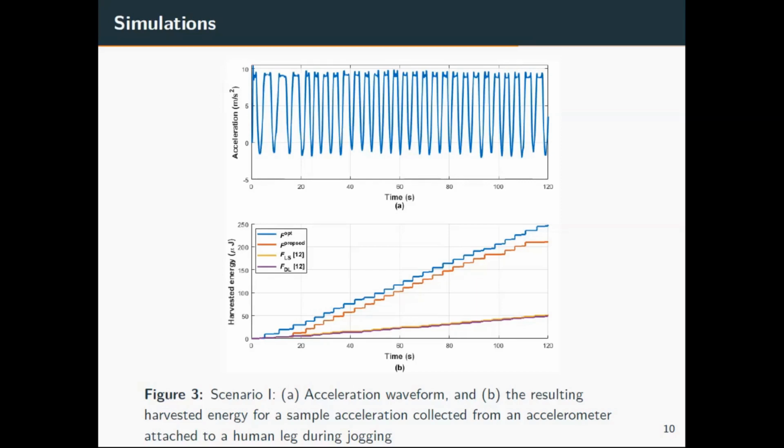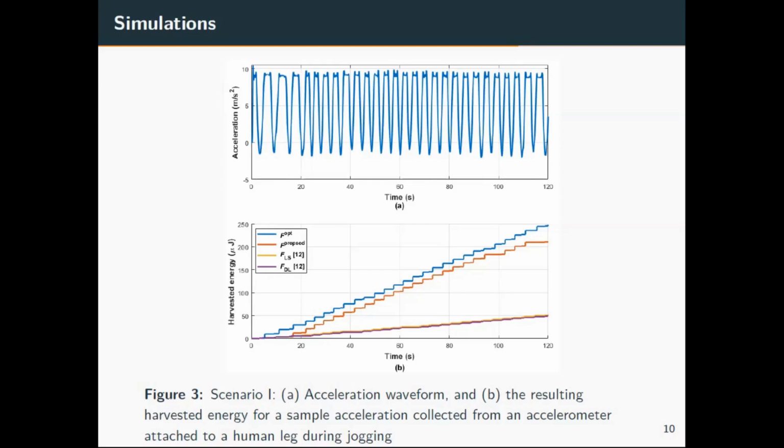And the one that you see here, which is close to the optimal one, is what we get from our proposed method, which uses asymmetry of the electrostatic force in two different directions and adjusts the values based on the last interval of the acceleration waveform.